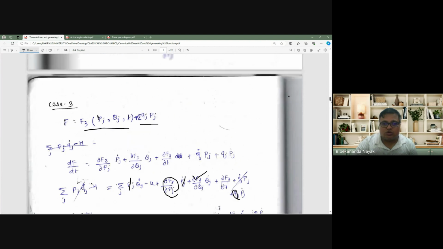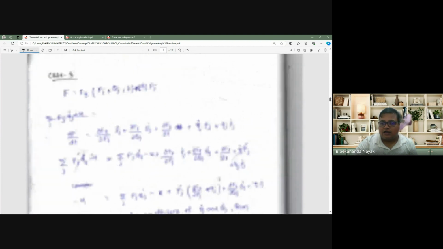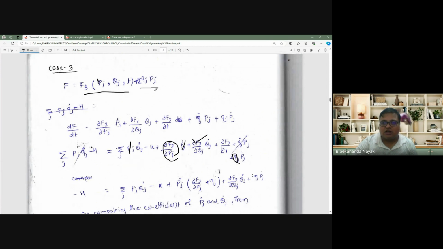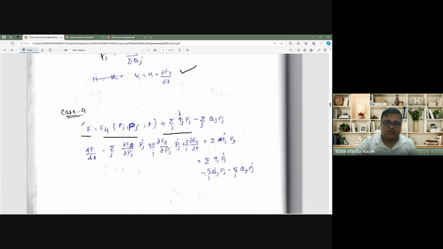We add the 2 and 3 cases: in case 2, minus the sum over capital Qj Pj, and in case 3, the addition of small qj pj. If you add both of these, you get the fourth case. F for the fourth situation is f4 plus small qj minus capital Qj times pj.